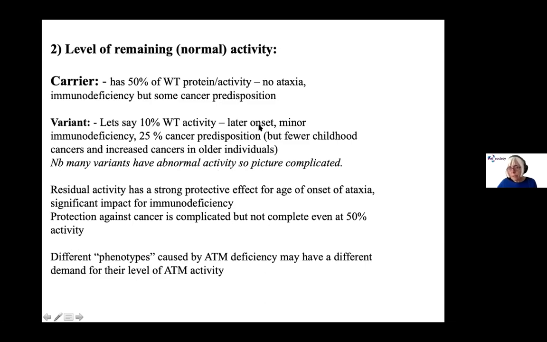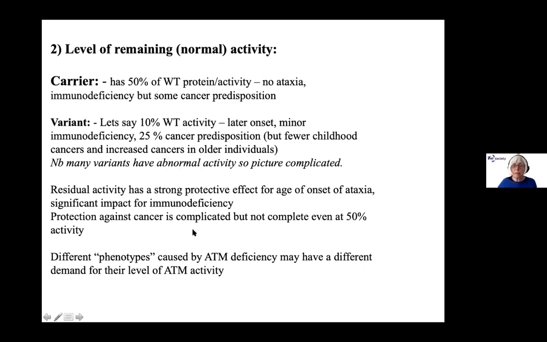They have later onset ataxia, minor immunodeficiency, but actually their cancer predisposition can be quite marked. They tend to have fewer childhood cancers, but increased cancers in older individuals. It's not that the predisposition is greater, but that they're living longer, and you're seeing them in older individuals.